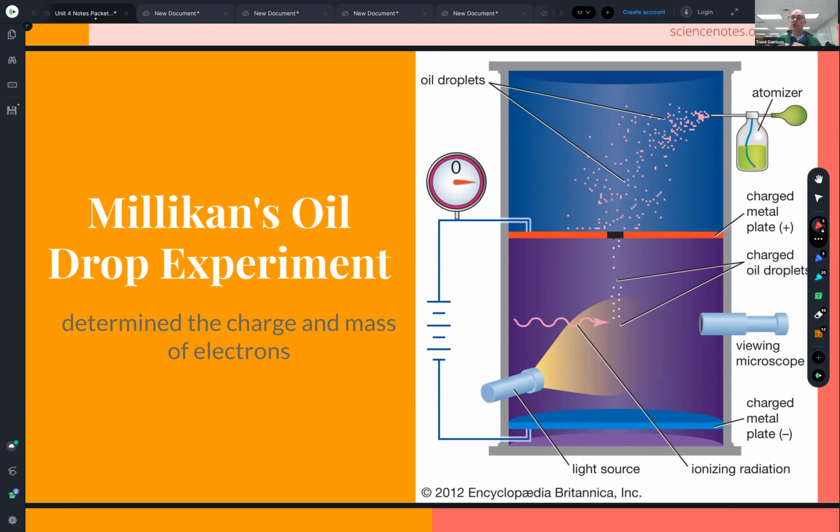And he was able to count the number of oil droplets in a certain space, and that would tell him what charge every single electron is carrying, because he would assume that there could be one electron on each one of these drops. So with a very ingenious experiment, he was able to calculate the charge and the mass of electrons.